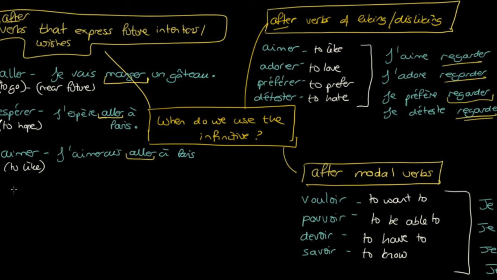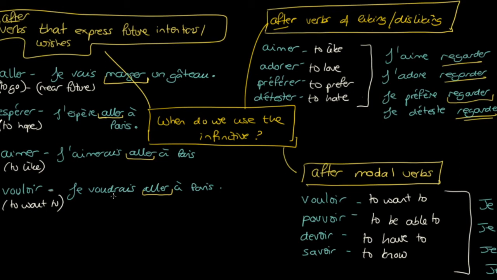Okay. And similarly with vouloir, to want, remember, one of our modal verbs. But in the conditional, it sort of becomes I would like to. So je voudrais aller à Paris. I would like to go to Paris.